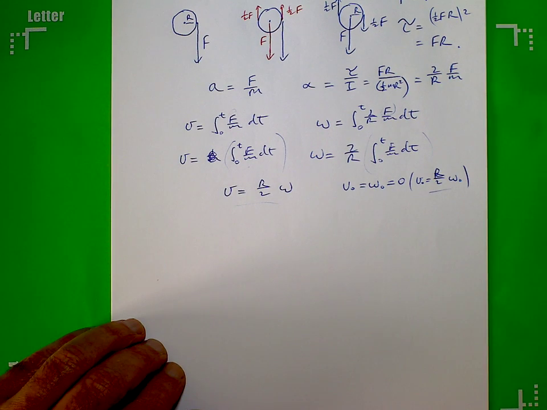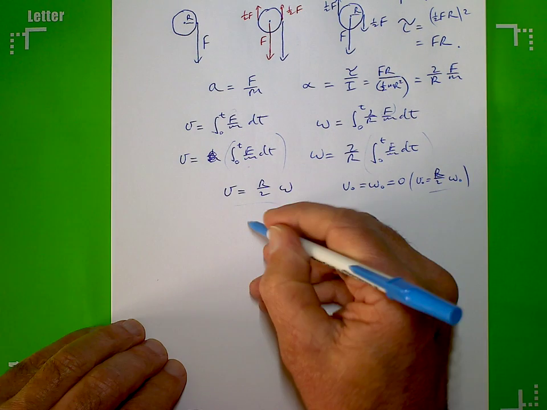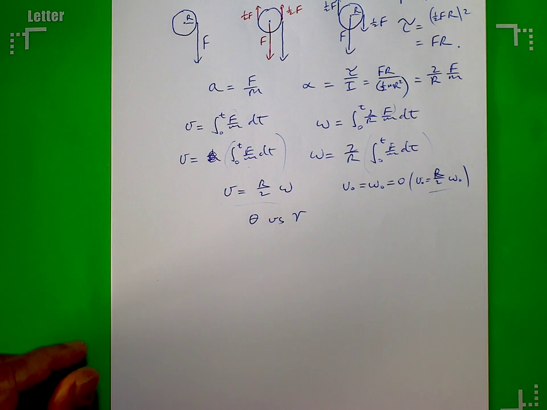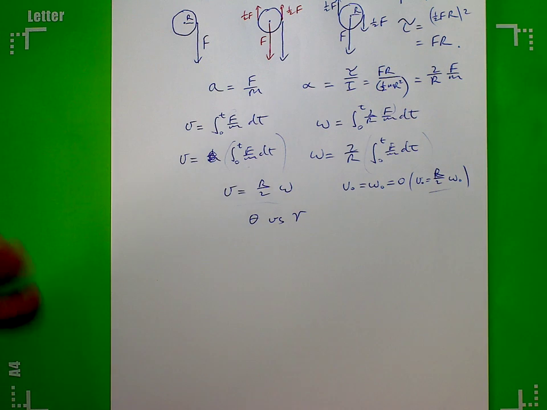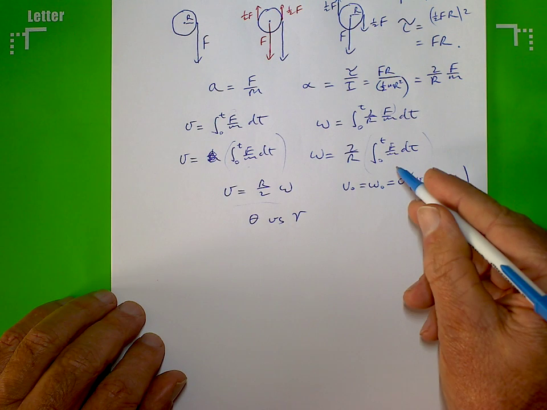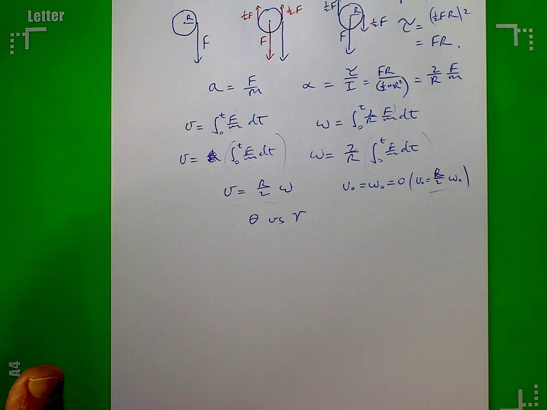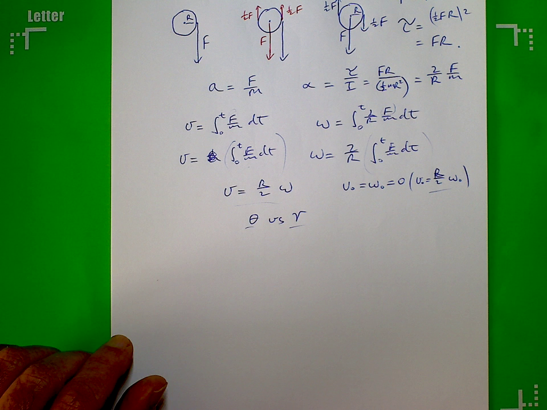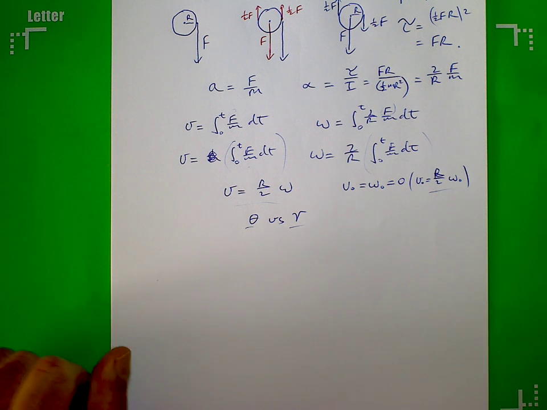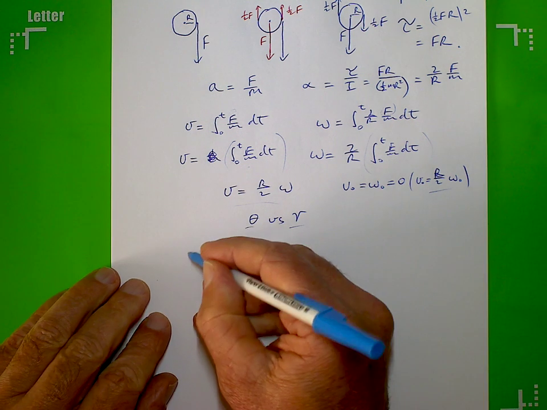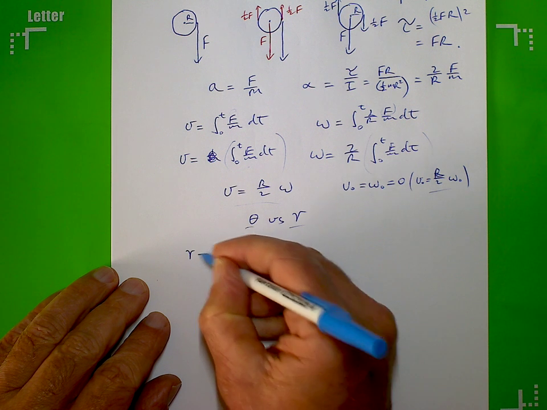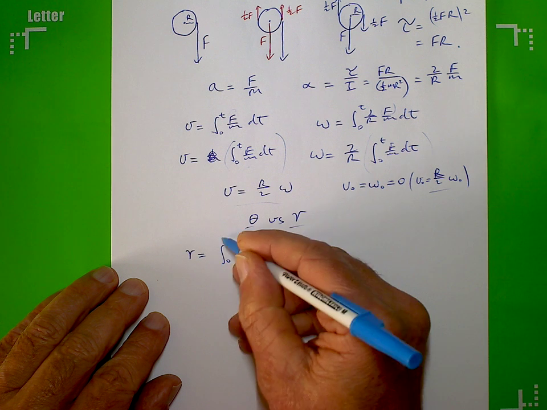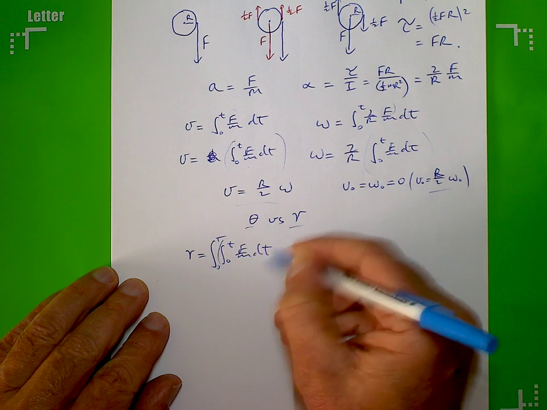What makes this experiment neat is the thing you're asked to plot is theta versus r. So again, you just need to integrate the velocity and integrate omega to get the angular displacement and the linear displacement. And this is fine, and you should do this. And when you do it, you get r equals the integral from 0 to t of F over m dt, and theta is the integral from 0 to t of all of that dt.